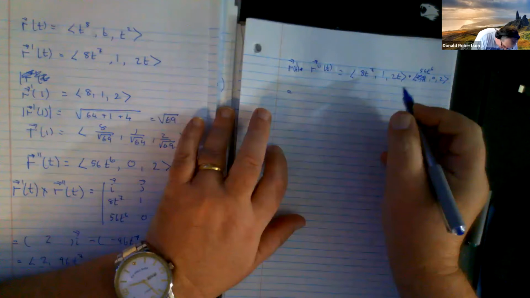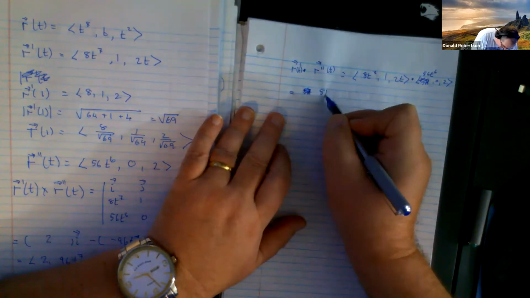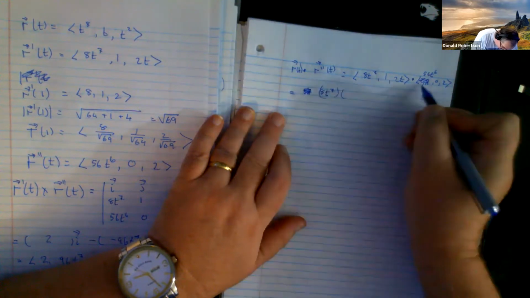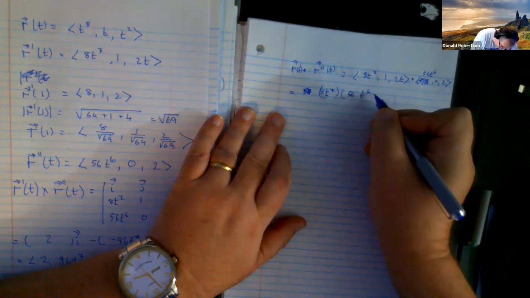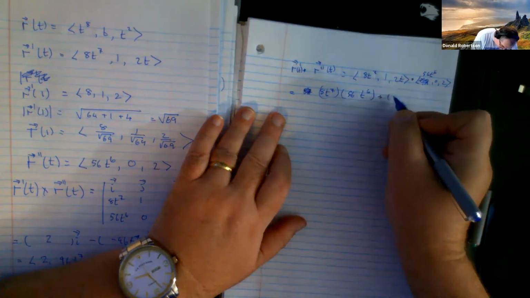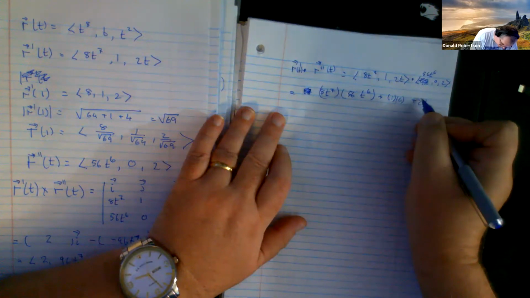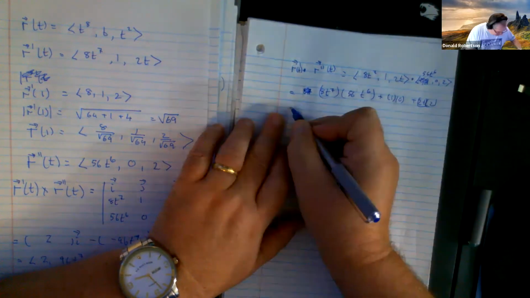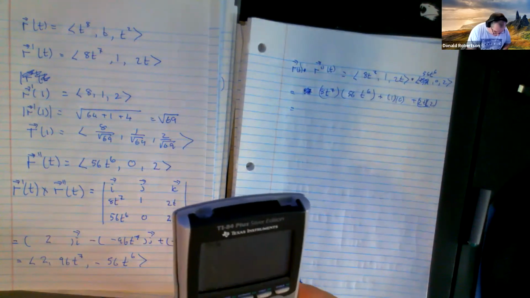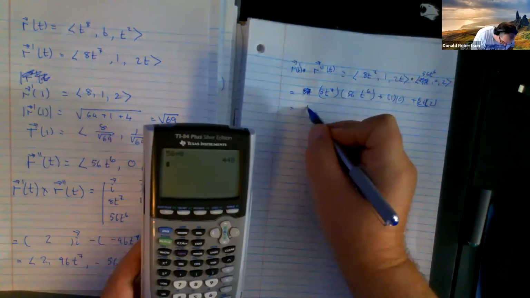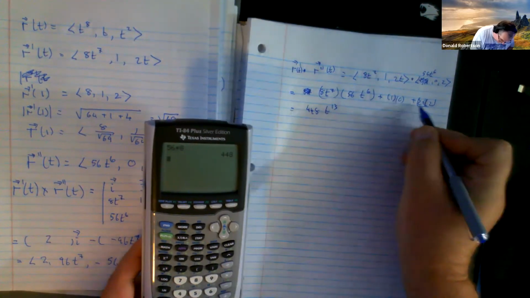So it's going to be 8t to the 7 times 56t to the 6, plus 1 times 0, plus 2t times 2. Again, just horrible expressions. 56 times 8 is 448t to the 13. That's nothing, plus 4t.